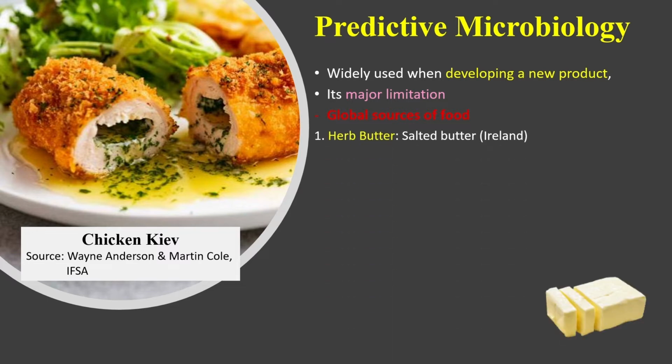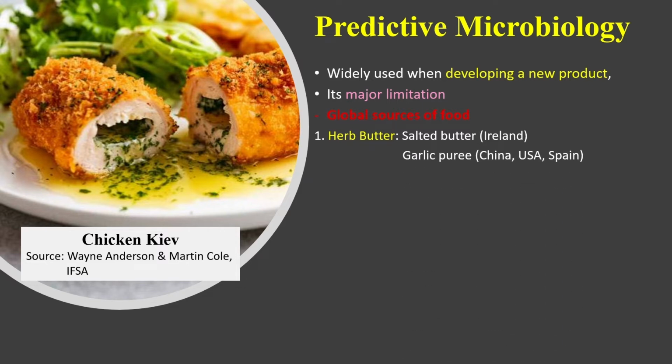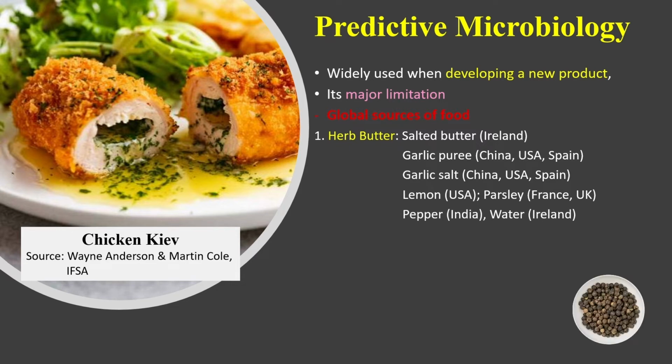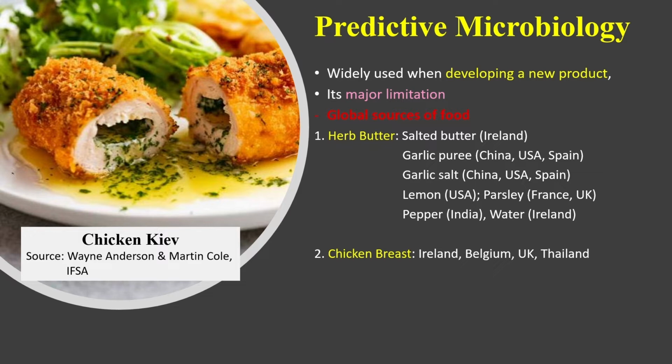You have the herb butter from Ireland, and the garlic puree from China, USA or Spain. Then you have garlic salt from China, USA or Spain. Then you have lemon from the US, the parsley from France or UK, the pepper from India, water from Ireland, oh my goodness.